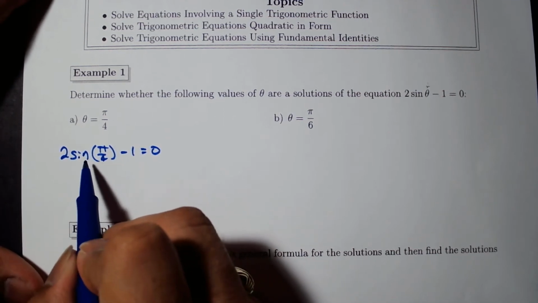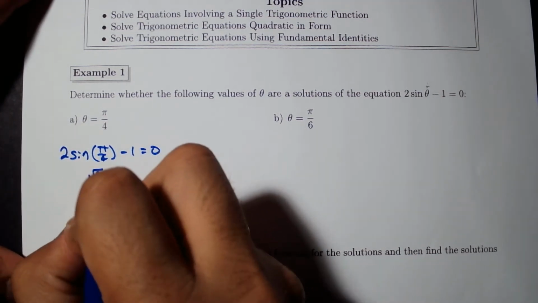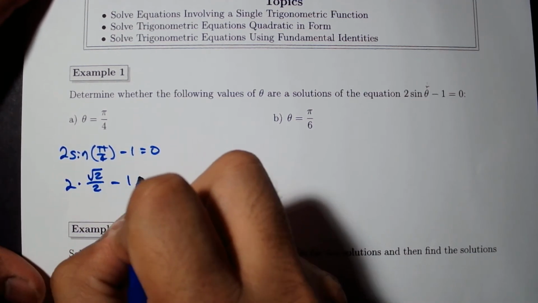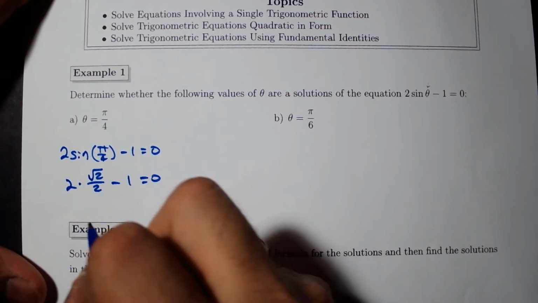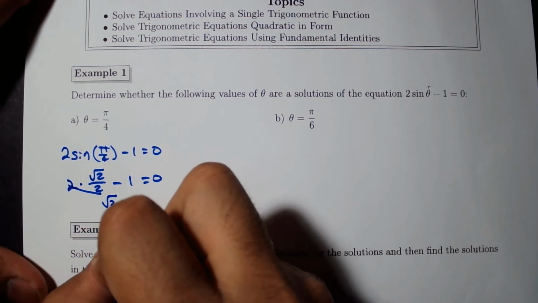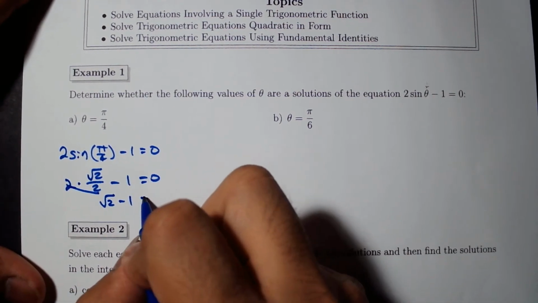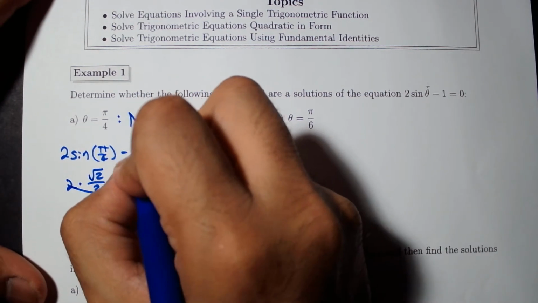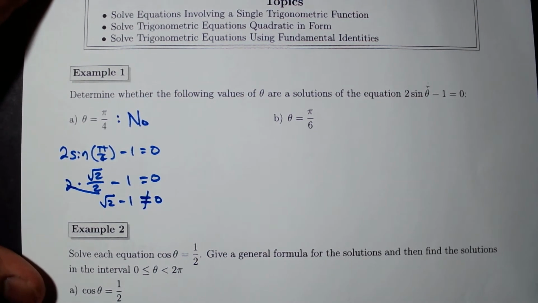Using the unit circle, sine of pi over 4 is square root of 2 over 2, times 2, minus 1 equals 0. Is that true? Well, square root of 2 minus 1 is not equal to 0. So this is not a solution.